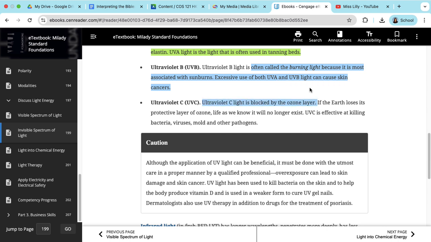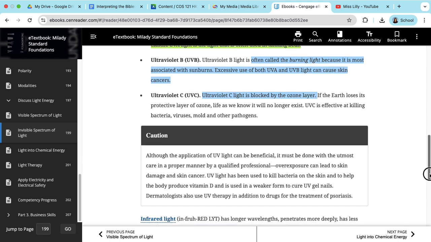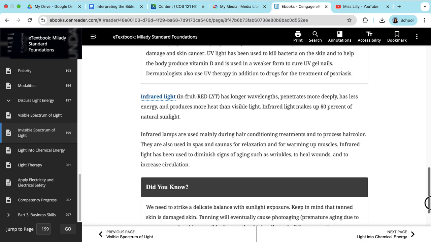So we have to keep our atmosphere safe. Infrared light has a longer wave, penetrates more deeply, has less energy, and produces more heat than the visible light.